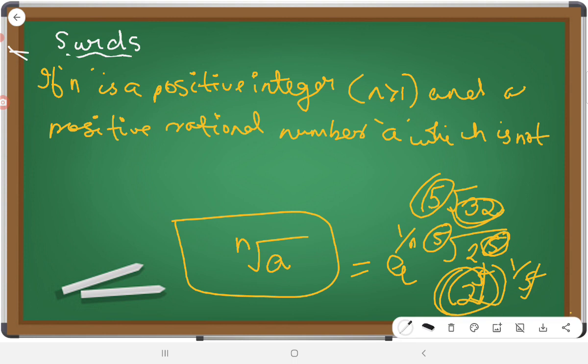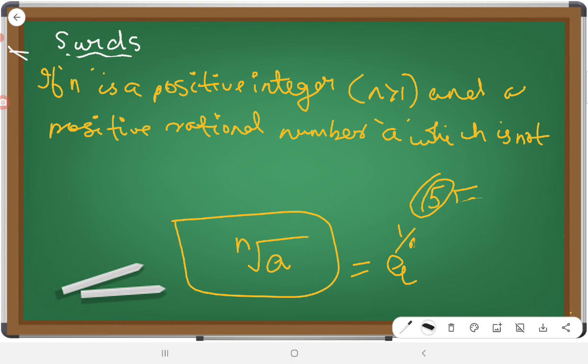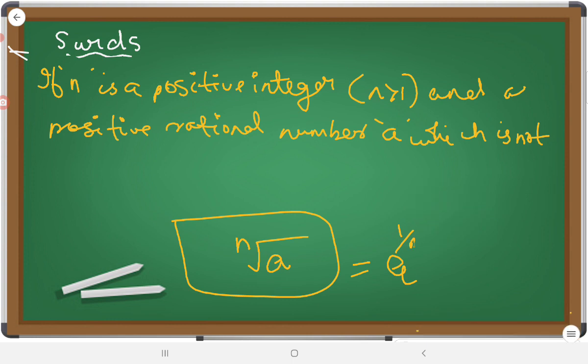Hence, a should not be the nth power of any rational number. Understood?